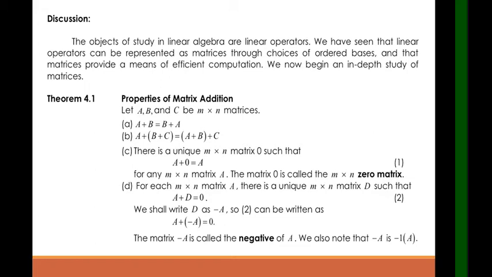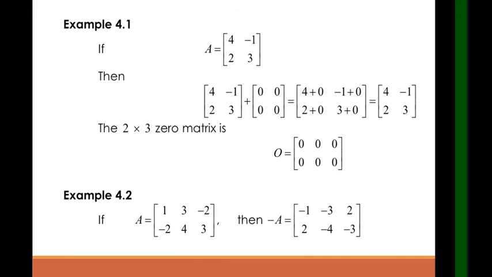It is like 1 plus negative 1, which is equal to 0. The matrix negative A is called the negative of A. We also note that negative A is negative 1 times A. Okay, so these are the different properties of matrix addition.